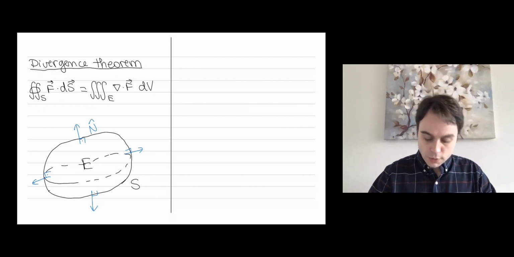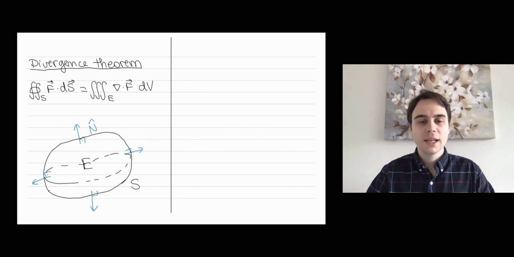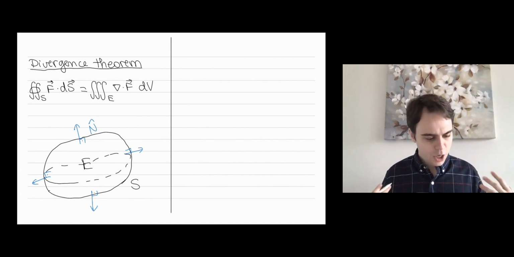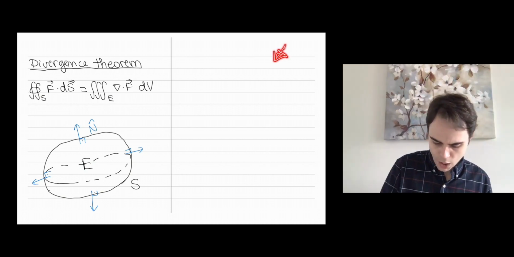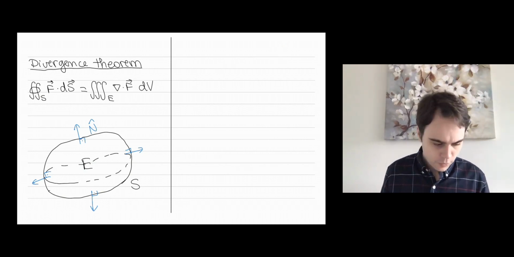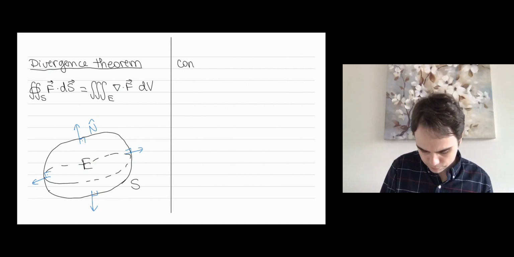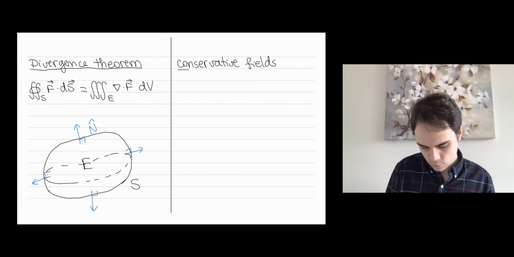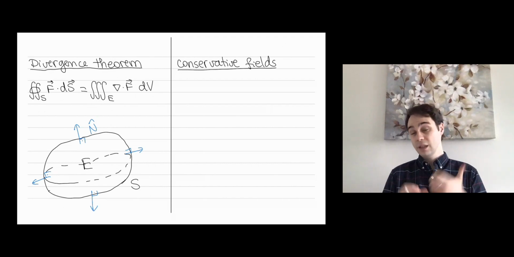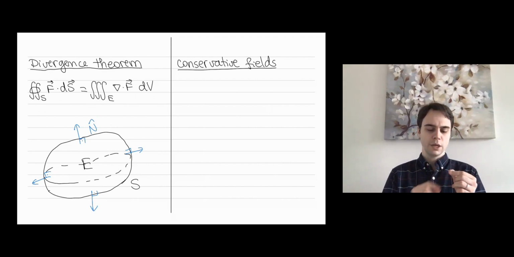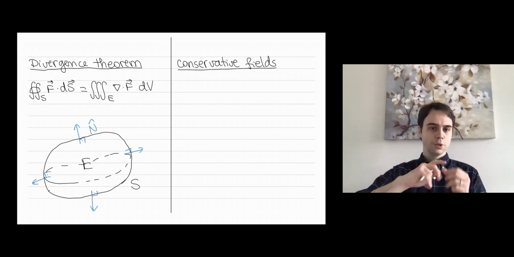So to conclude this review, I'd like to touch on one last topic, and that's conservative vector fields. Just a few remarks about them. So conservative fields. The definition I gave you for conservative is a vector field with the property that whenever you integrate it around a closed loop, you always get 0.